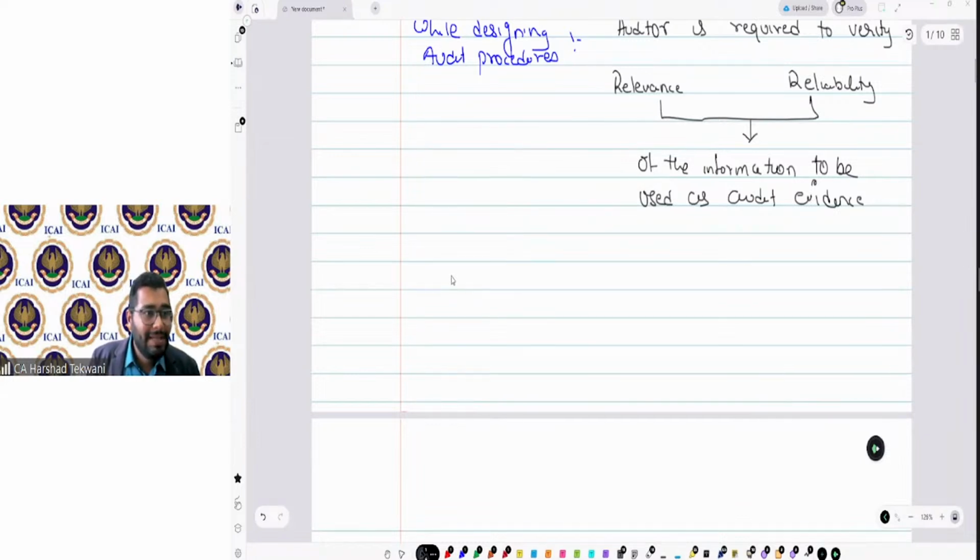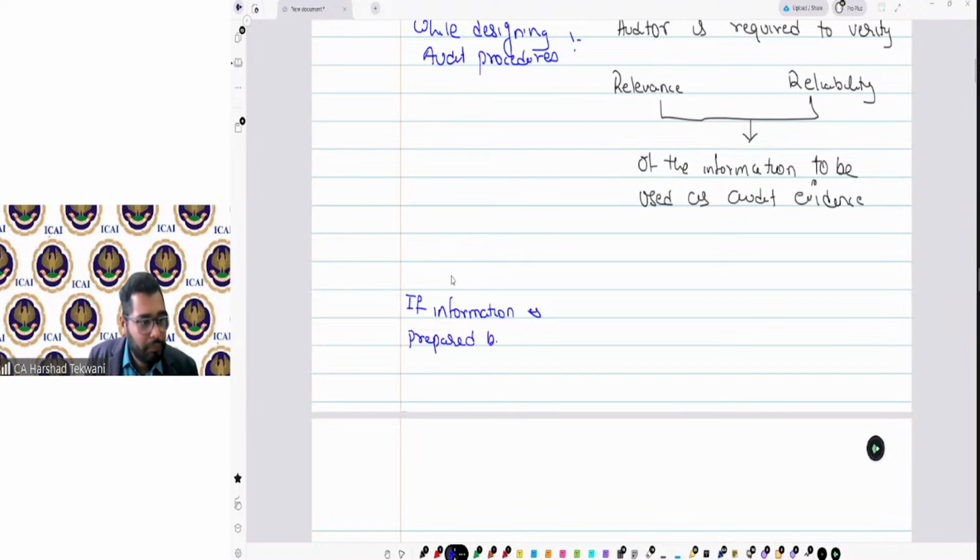Okay, so while designing the audit procedure, if information is prepared by the management expert, which includes your assumptions, then in that case, as an auditor, what I'm required to do is, the questions that you raised were correct.